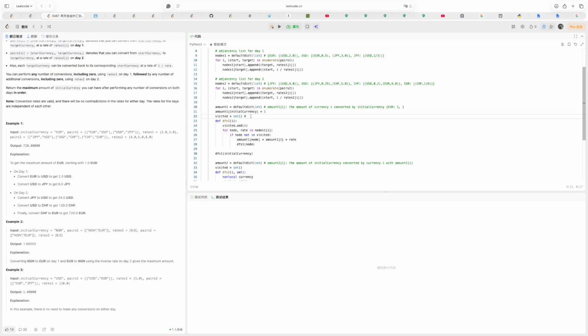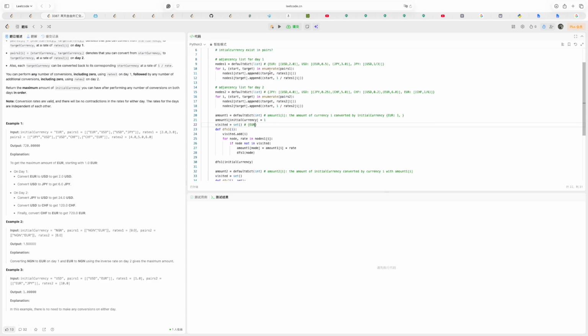Euro will be added to the set, and for the nodes of this adjacency list, we'll first have USD. So notice USD rate is 2. USD is not in the visited set, and we will have amount 1 node.